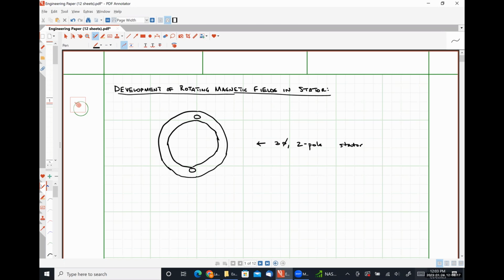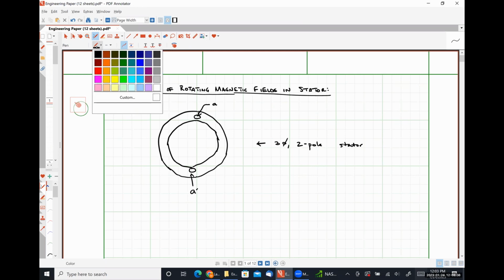Our A windings will be these guys in black. So this is going to be A, and this one is going to be A prime. Effectively, if current is flowing into the A portion, it'll be flowing out of the A prime.